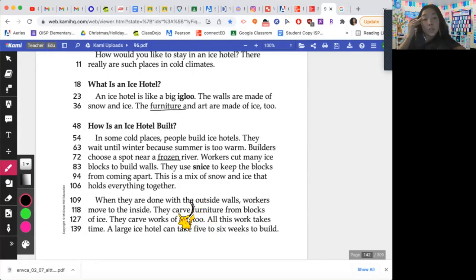Okay. So how many words did I read? Remember, I'm going to go to the beginning of the line. So I'm going to say 118, and then I'm going to count on. Ready? 118, 119, 120, 121, 122, 123, 124.